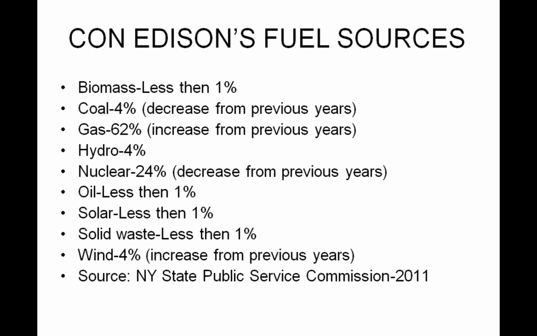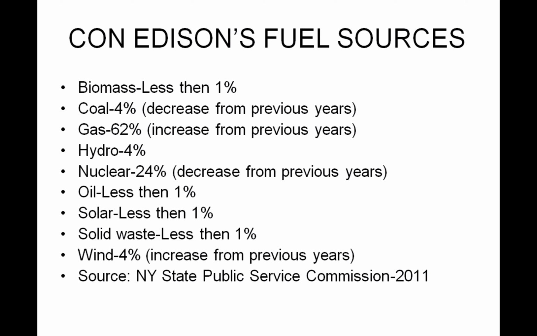All right, so the breakdown of the Con Edison fuel sources is that, per their information, about 24% of the power they create comes from nuclear, whereas about 62% still comes from the use of gas. So we're still heavily dependent on gas. There's still, which I didn't know, some reliance upon coal burning to develop power at Con Edison, which I really didn't realize.